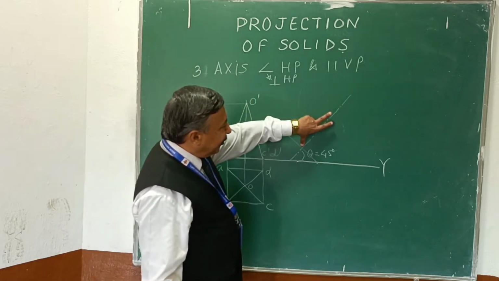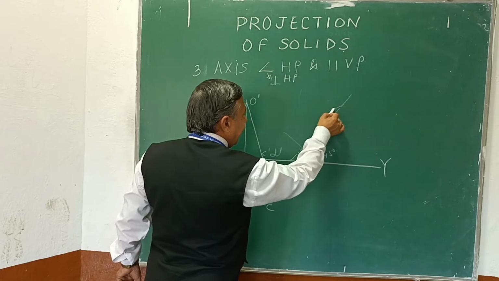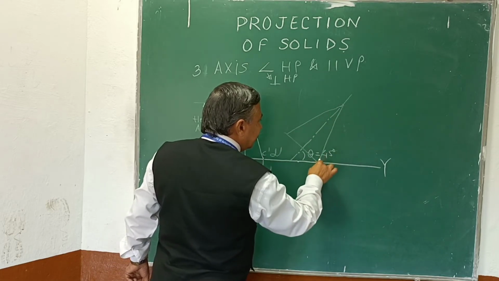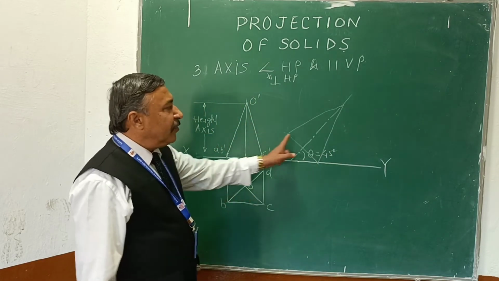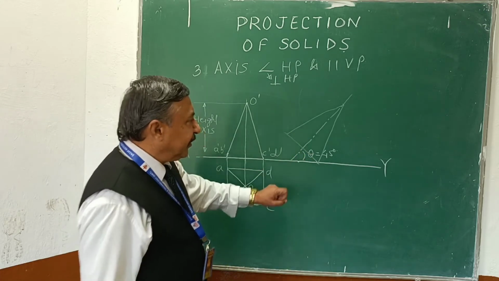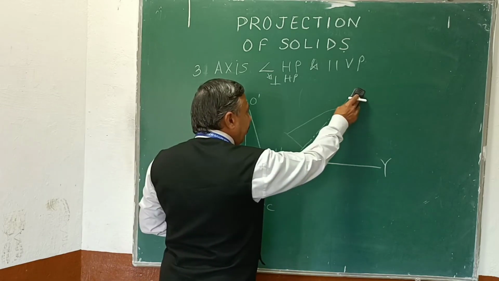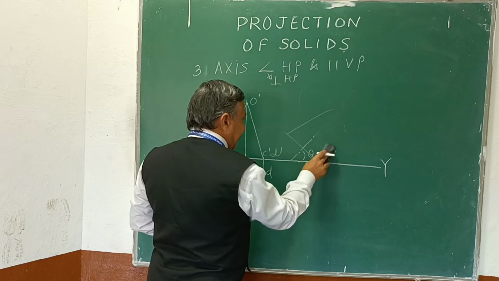We mark the length of the axis here and join here. So this gives us the position inclined to HP. But in this process, it is not easy to draw, so we take another process.